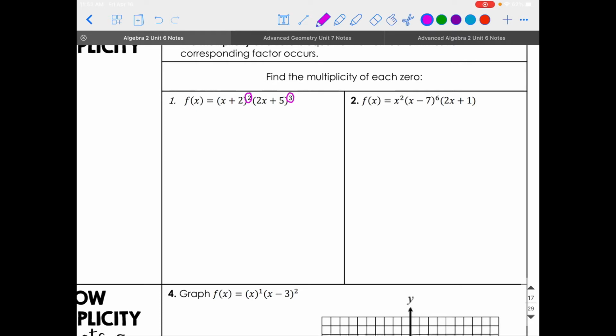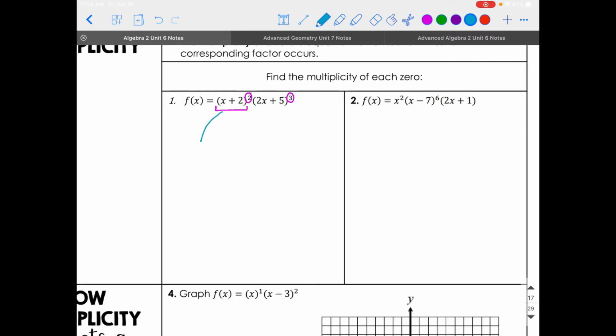So in this scenario, they tell us how many times we have these factors. This x plus 2 is a factor. If we did a little bit in quadratics on factoring, we're going to do a lot more in this unit on factoring. And the multiplicity just is the exponent.